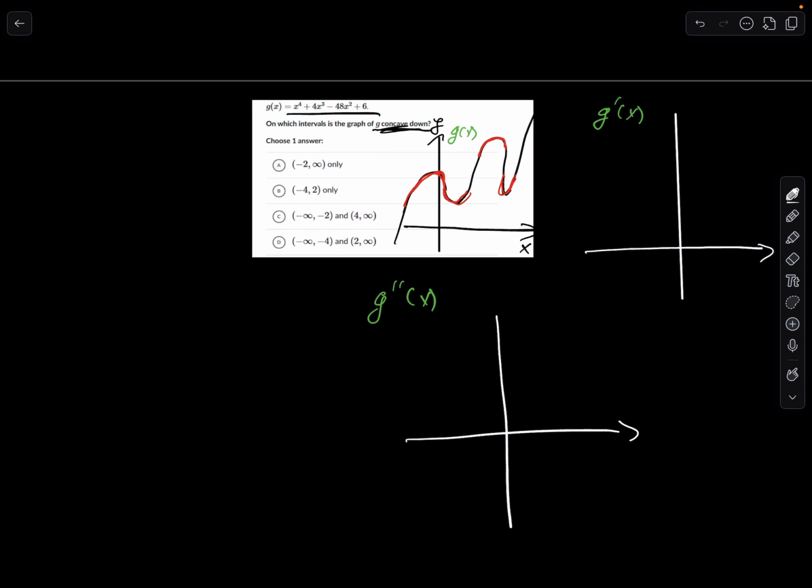Here in the negative plane, it is increasing until this point, right over here. And then it starts decreasing, and then the derivative is 0 right over here. Then it starts increasing again. Then we have again a derivative that's equal to 0, and so on and so forth.